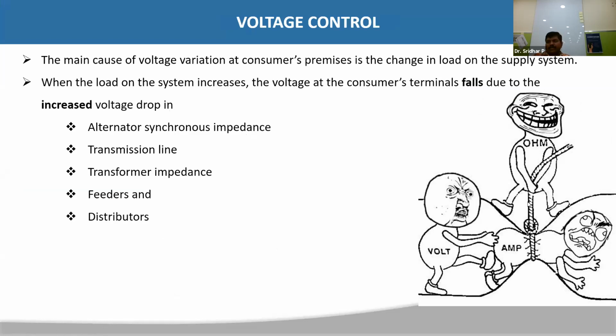That will severely affect the consumer's premises if the voltage is not properly maintained. One thing you can observe, especially in villages or on the roadside, is a white capacitor bank. It is placed on the distribution poles, the cement poles, as a white box connected like this.